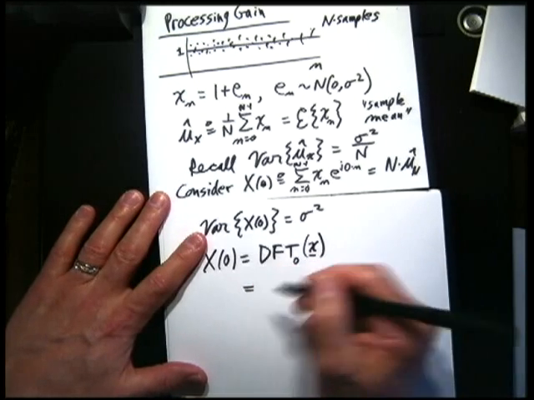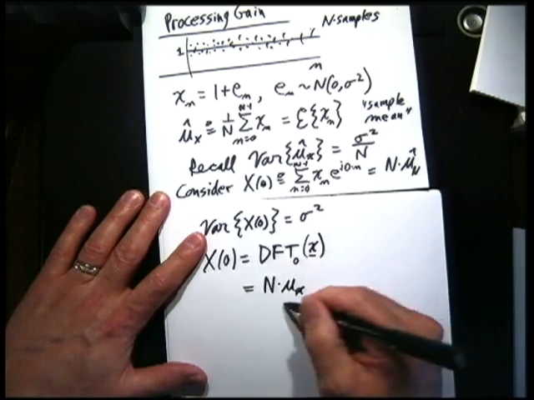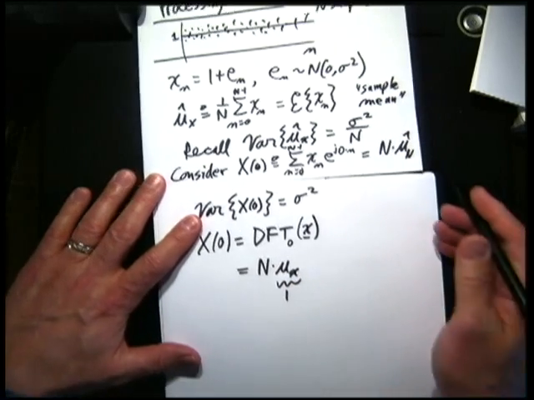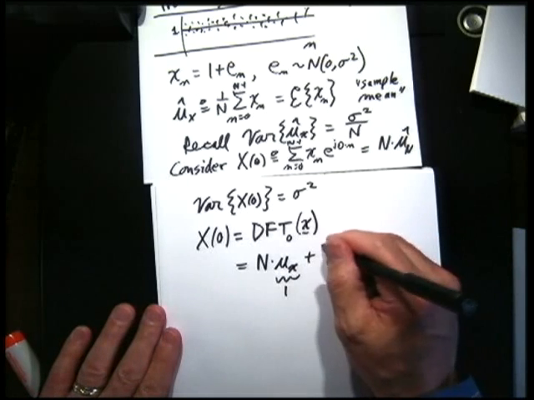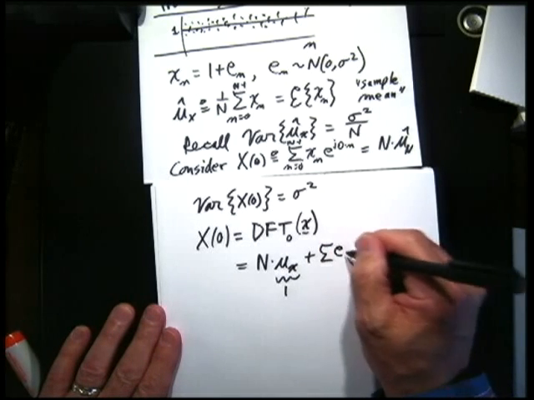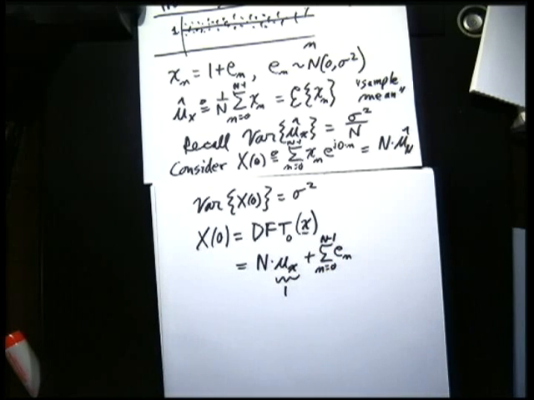And that equals n times the mean, which is 1, plus the sum of samples, n equals 0 to n minus 1. So that is now the signal that we have.